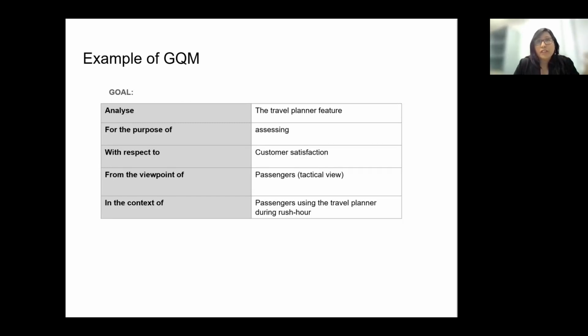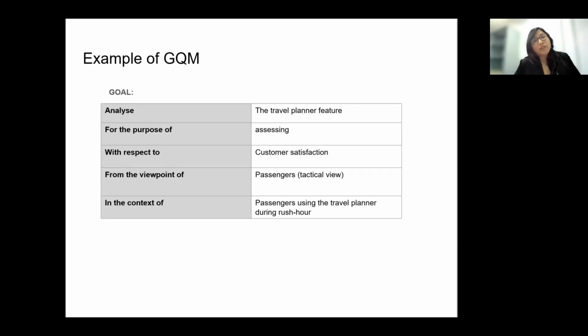Thus, about the public transportation, one of the features was the travel planner. So the object here is to analyze the travel planner feature, for the purpose of, and you say we want to assess the customer satisfaction. So the purpose is assessing, and with respect to, we say the customer satisfaction.